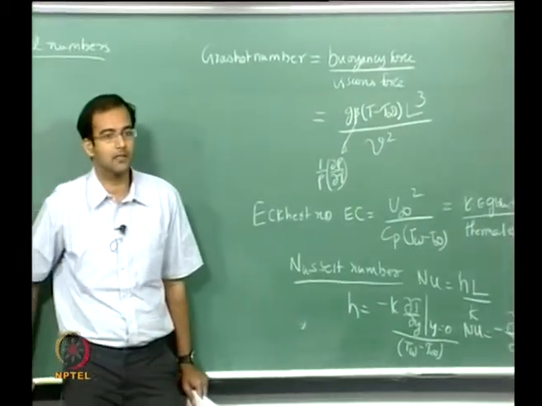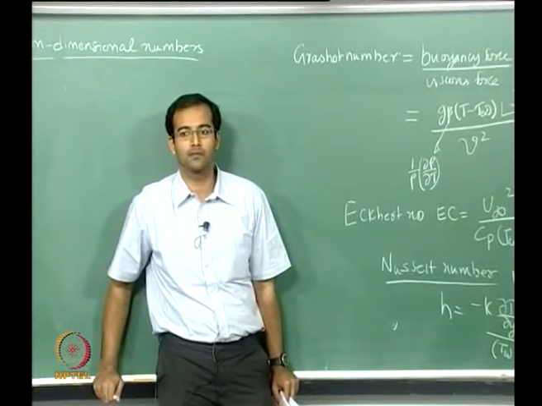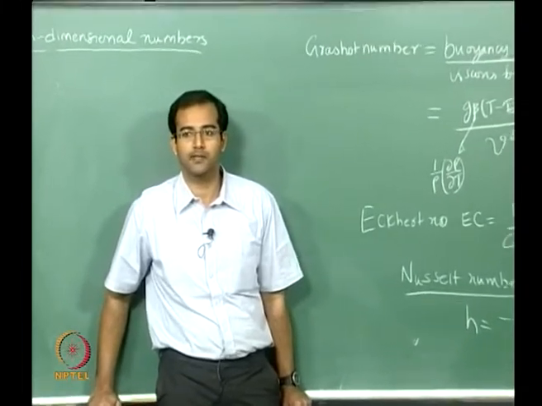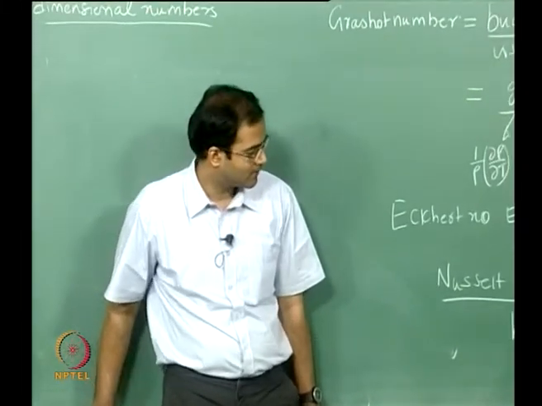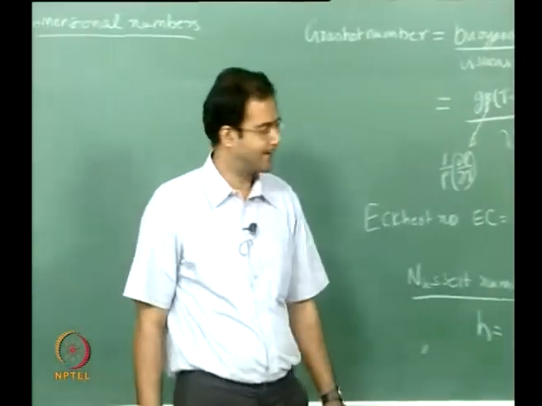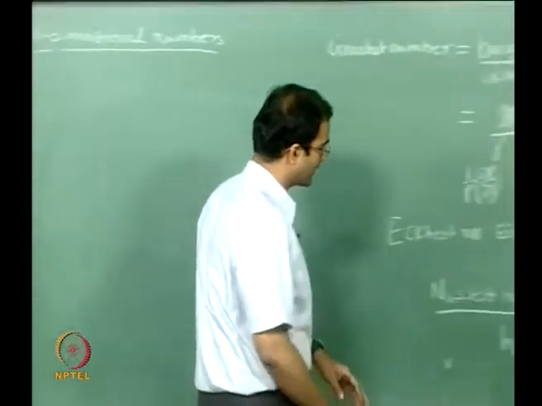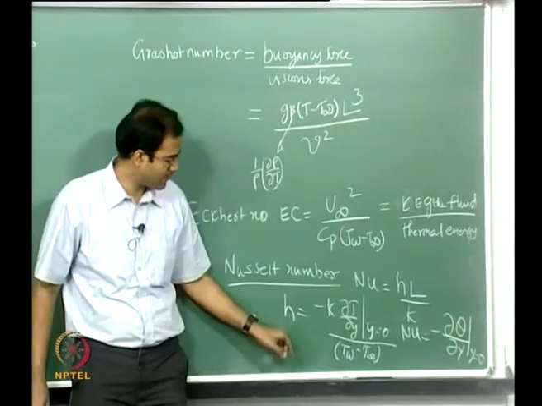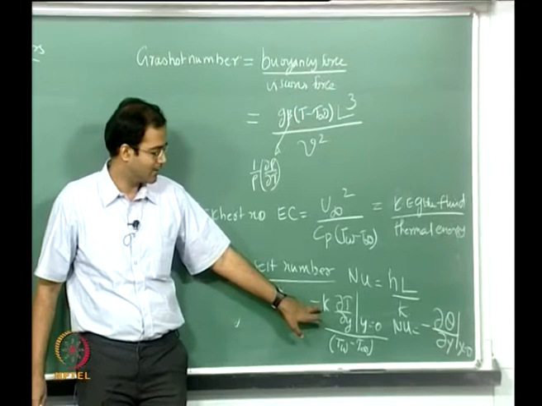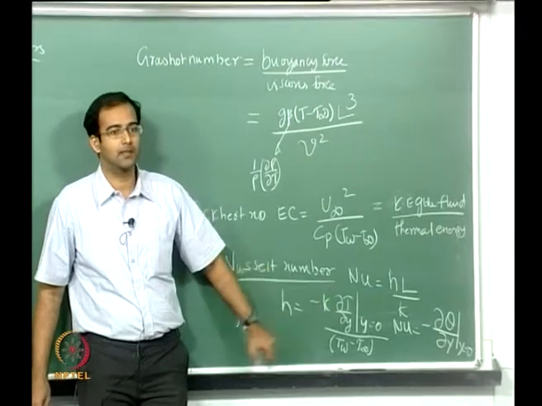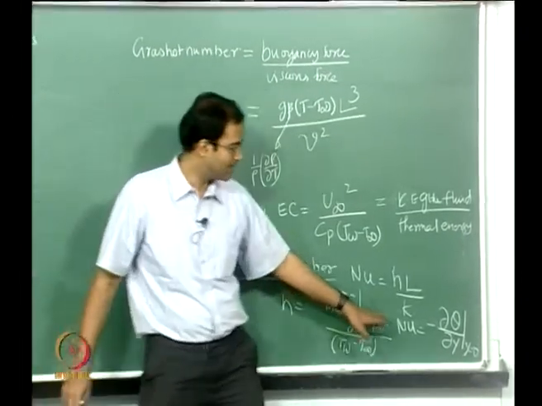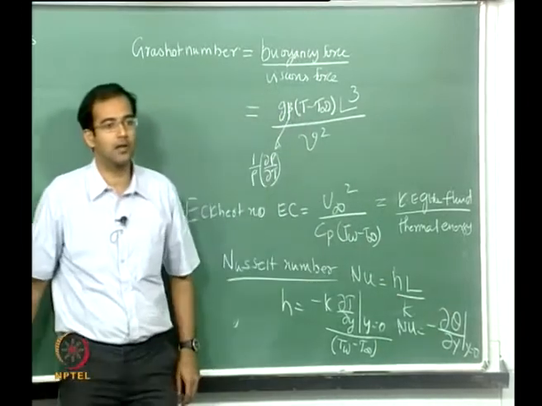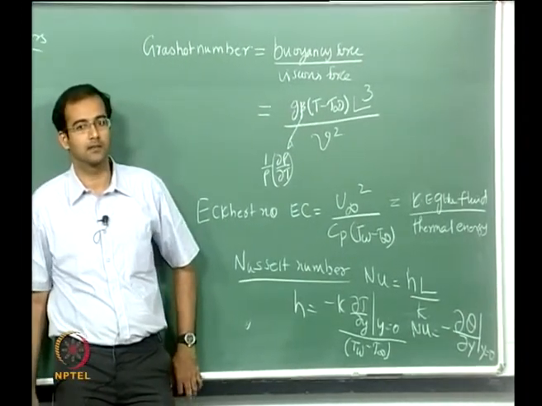So this is the advantage of casting in non-dimensional form. Your expression gets much simpler. Now you understand why we define the Nusselt number in this particular way. If you have a dimensional form of heat transfer coefficient related to the temperature gradient, your Nusselt number is exactly nothing but your non-dimensional temperature gradient.